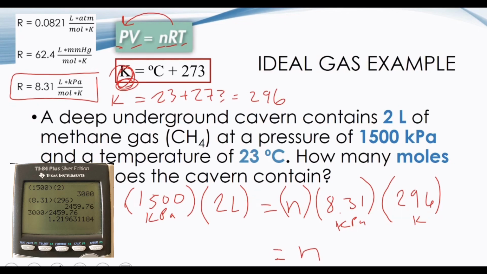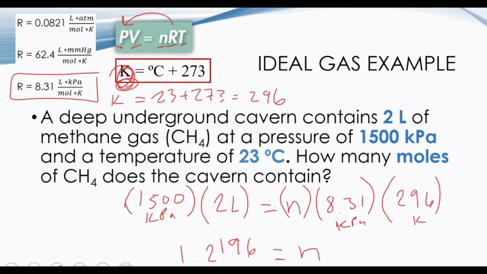It's very useful at this point to use parentheses on every single thing that you have here. So our answer for this problem comes out to be 1.2196 moles of methane gas, which is what's available in the cavern.